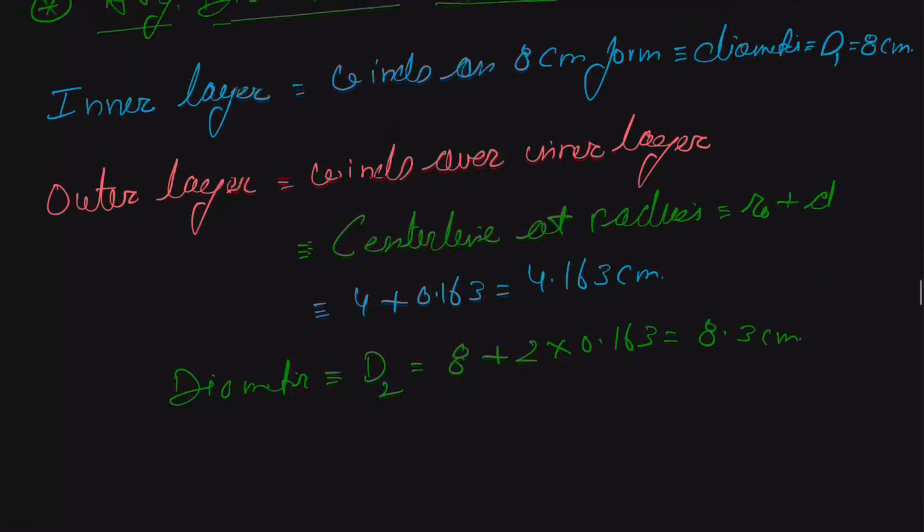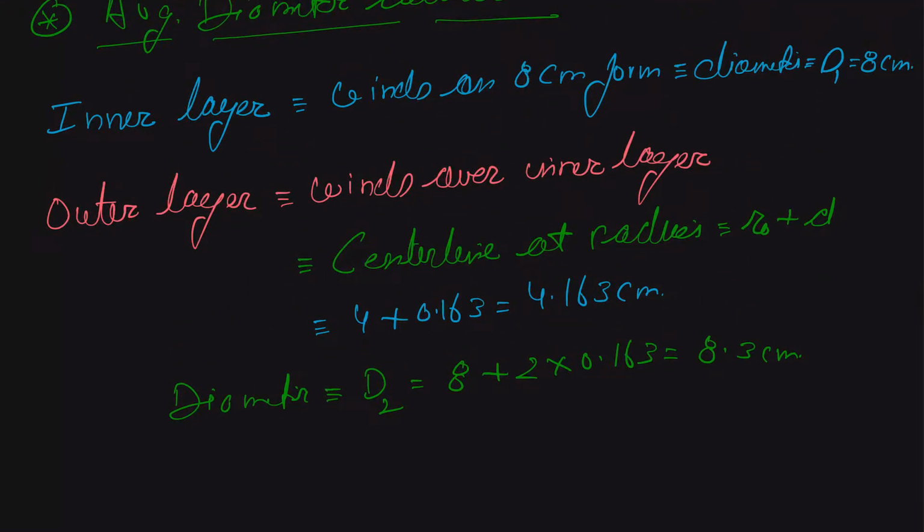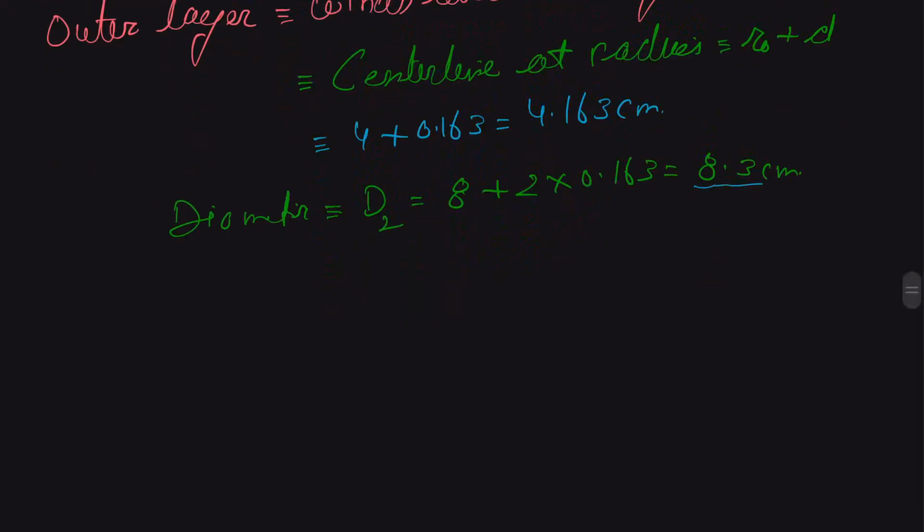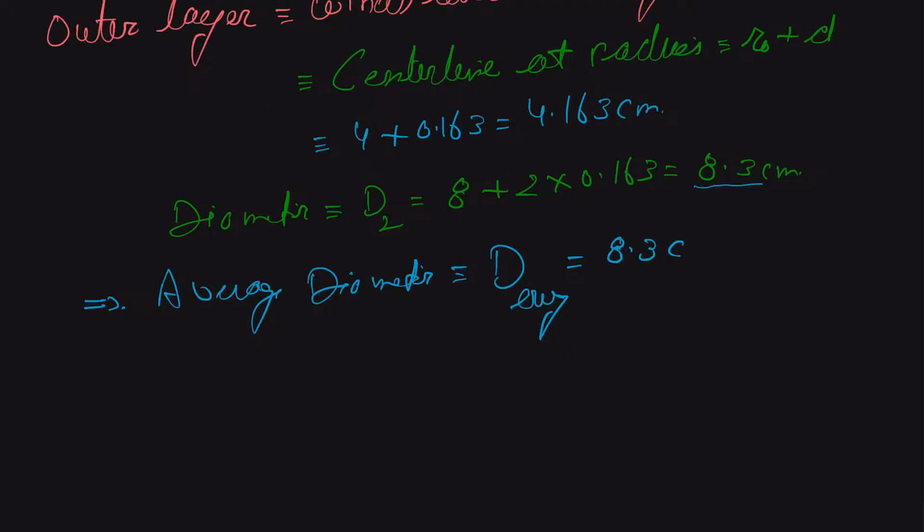Therefore, like we said, the inner diameter is 8 and the outer layer results in 8.3. So we can just approximate it to be 8.3. Therefore, we can write that our average diameter, D average, will be equal to 8.3 centimeters.